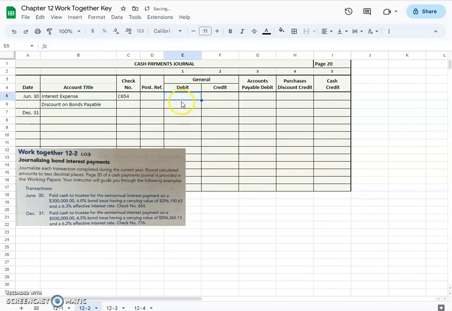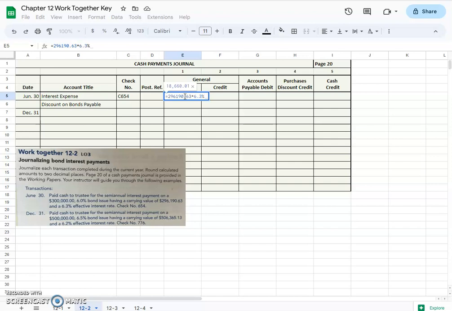How do we calculate the interest expense? Well, first, we've got to do the carrying value of the bonds. That equals $296,190.63. And then we'll take that times our effective interest rate, so 6.3%.